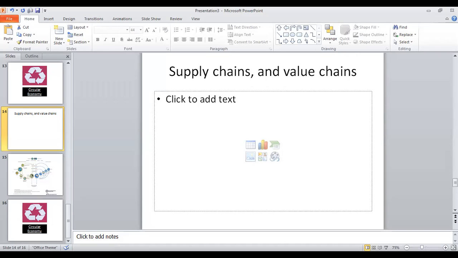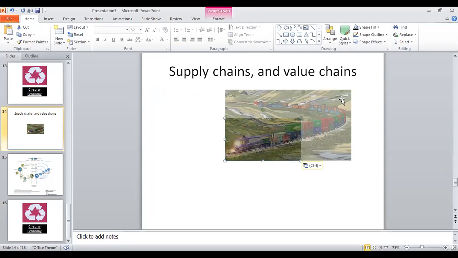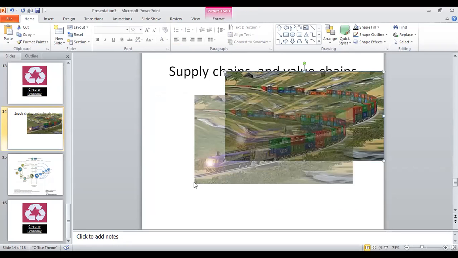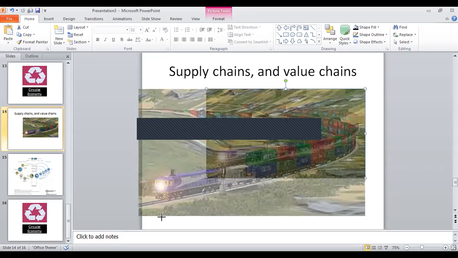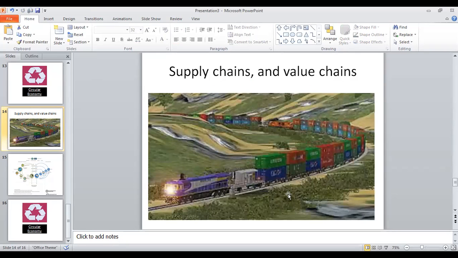I need to show you something. Let's see. Copy image. This train, you cannot see the end. See?